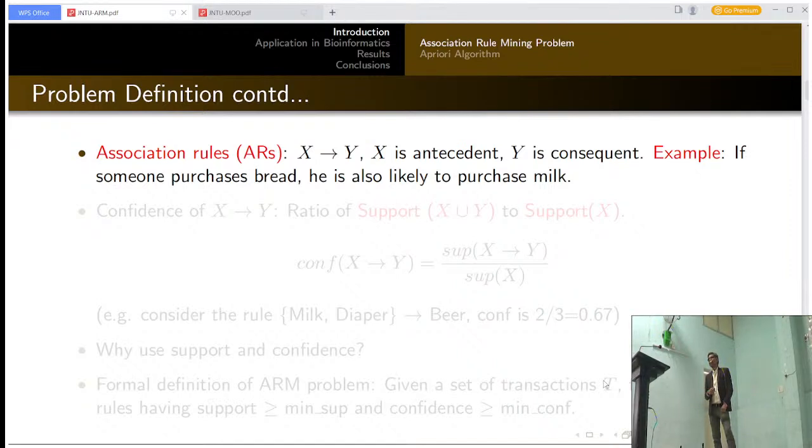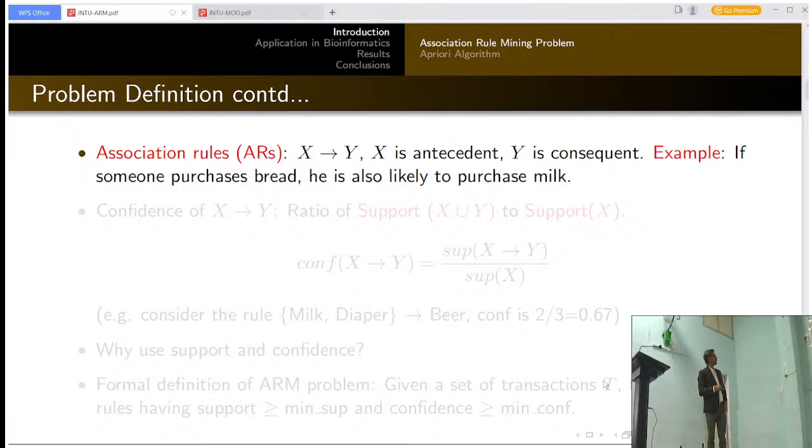It can consist of more than one item also. For example, bread, milk implies butter. So X and Y both can be item sets, not a single item only.